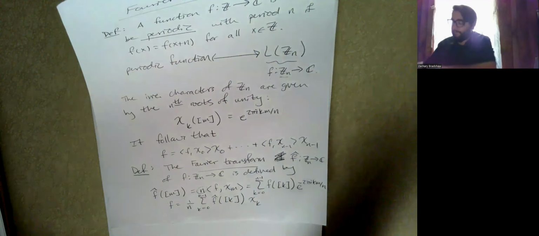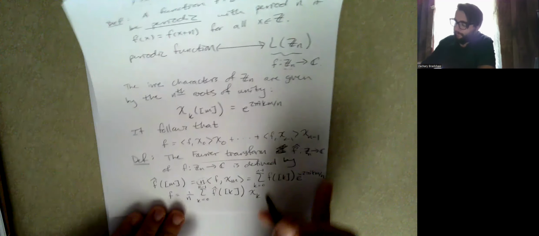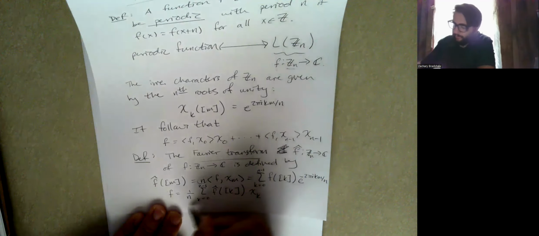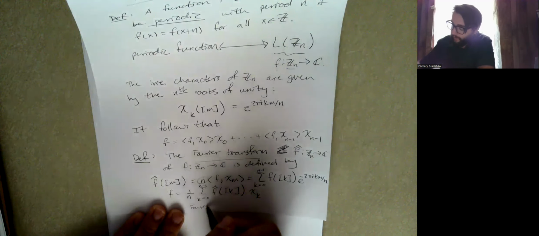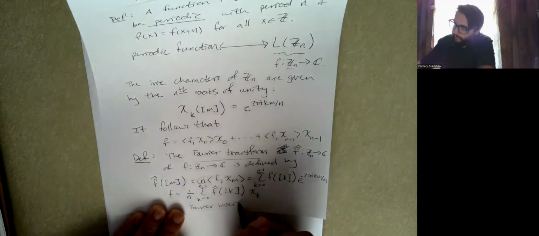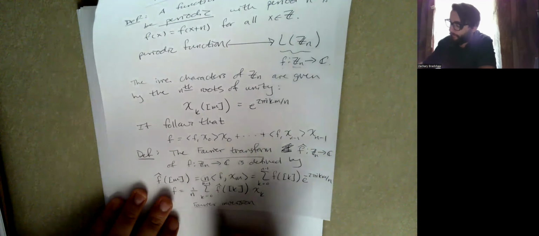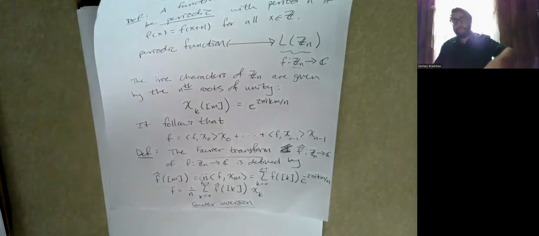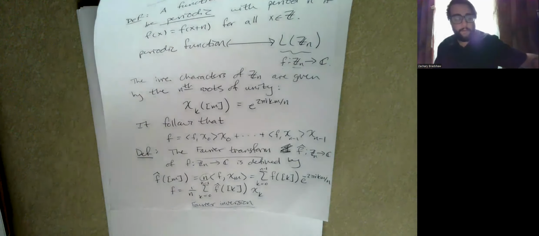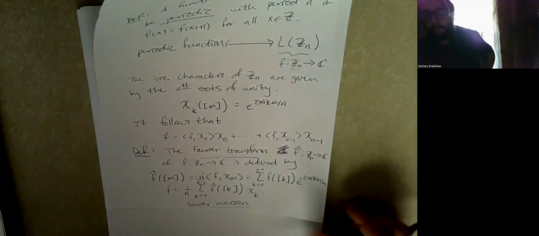So this thing here, by the way, is sometimes called the Fourier inversion formula. It's essentially telling you how to compute the inverse Fourier transform. Okay. So this Fourier transform on cyclic groups is actually used in signal and image processing.